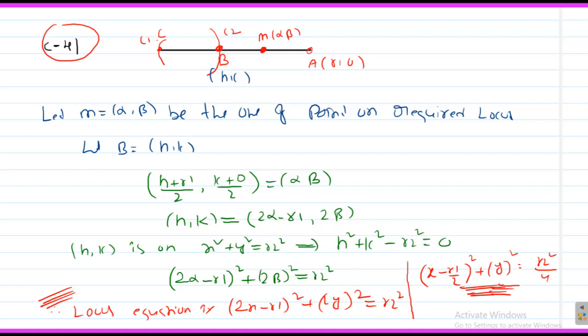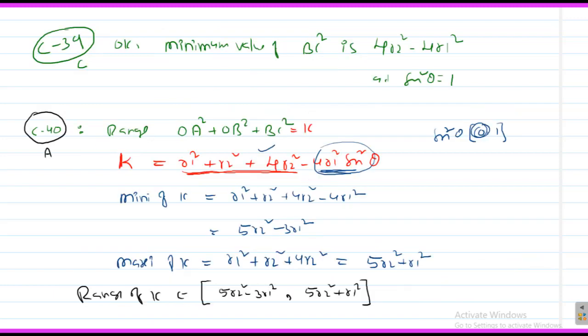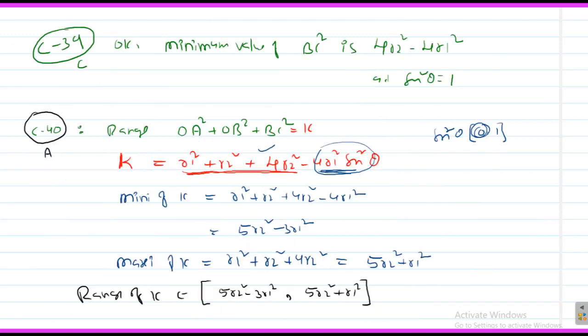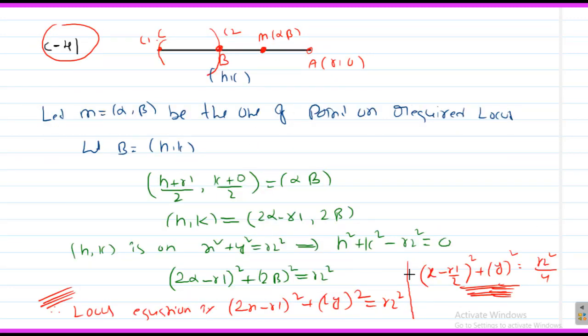This is the final locus equation of midpoint of AB. Now I want to cross check with the given options. x minus R1 by 2 whole square plus y square equal to R2 square by 4 matches. So B is the correct answer for C41.